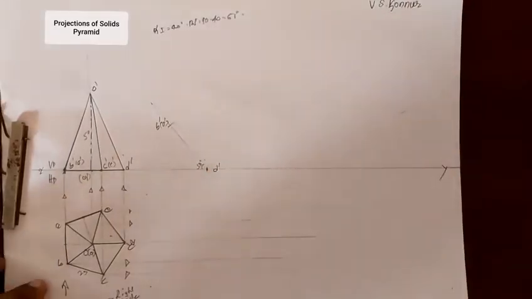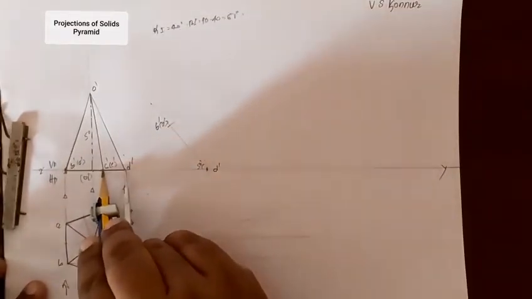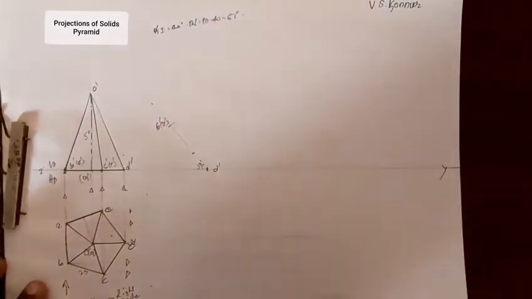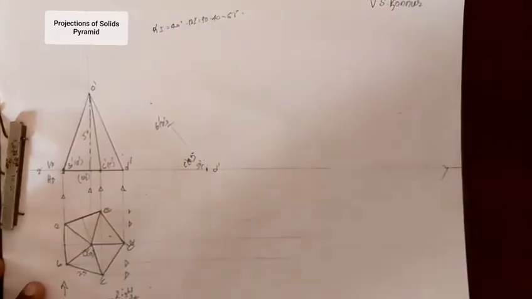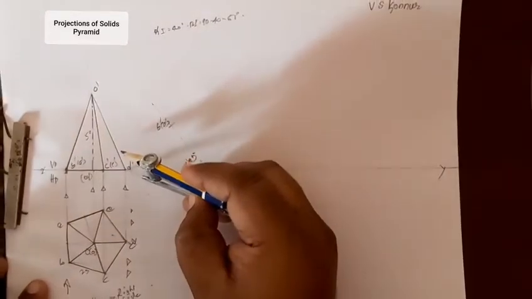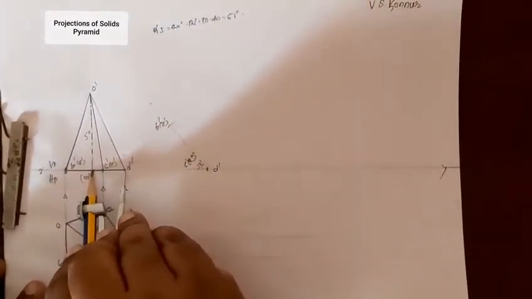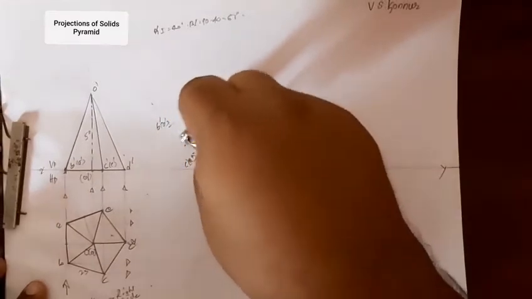Then cut it by another two distances, D dash to C dash, E dash. Right. We got here C dash, E dash. Then we'll cut the center by taking the D dash to O1 dash distance. By keeping D dash, we'll cut this by O1 dash.